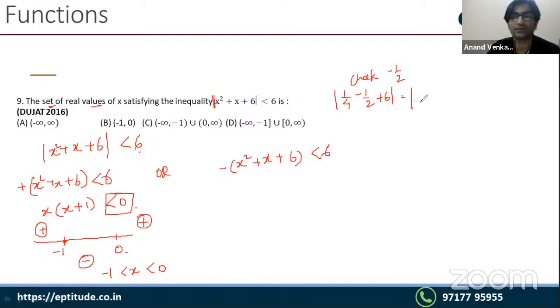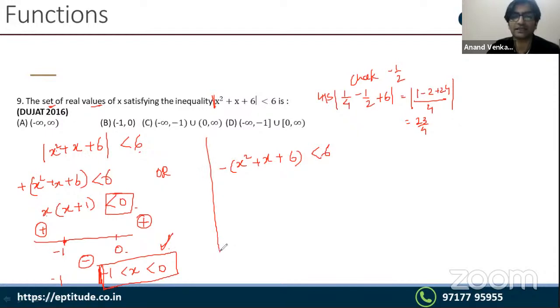LCM ले लेते हैं ना. 4 LCM आ जाएगा. 1 minus 2 plus 24. So I'll end up getting 25 minus 2, 23. So mod of 23/4 will be 23/4. तो ये तो आ गया लेफ्ट हैंड साइड. Is this less than 6? Yes, it is true, right? So since it is true, this is a valid solution. तो इसको हम कंसिडर कर लेंगे. चलो इसको रख लेते हैं. x lies between -1 and 0.